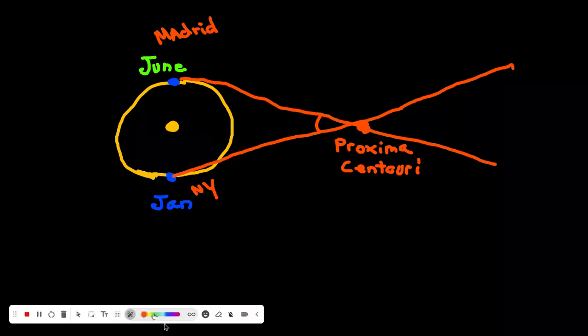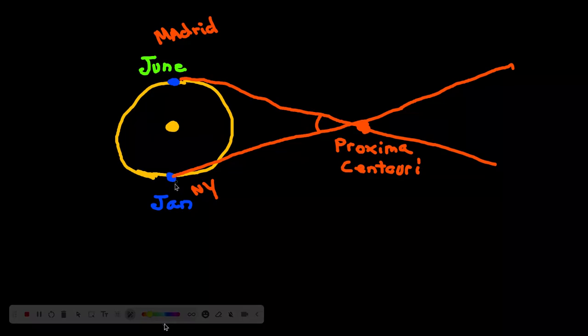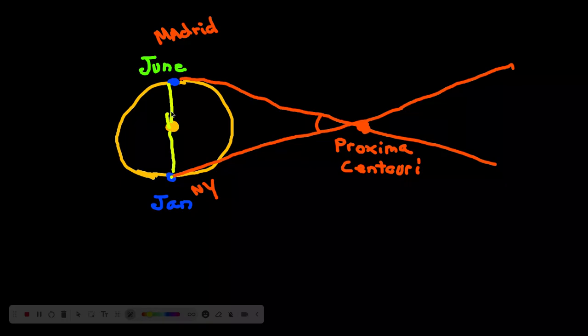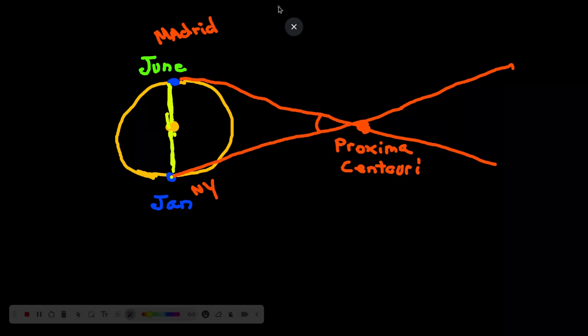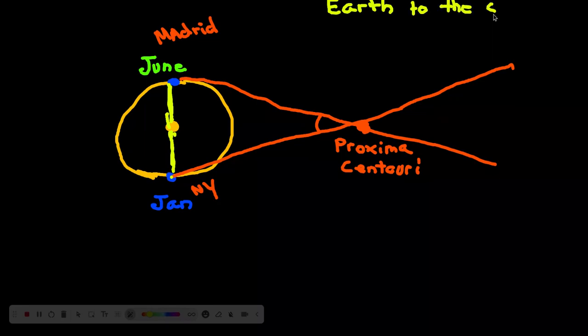And then over here, the distance from Earth to the sun. I'll go back to making straight lines today. So we'll write this as Earth to the sun, and the distance does vary depending on the season. But on average, the distance is about 93 million miles.